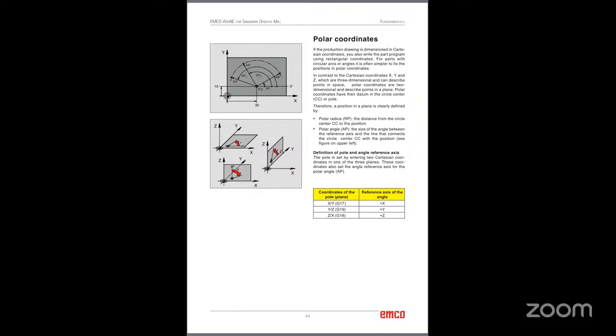So remember the difference between Cartesian coordinate system and polar coordinate system. Cartesian is based on X and Y, whereas polar is based on radius and angle. In Cartesian coordinate system, suppose you have 4 points, you have to calculate X and Y of these 4 points.